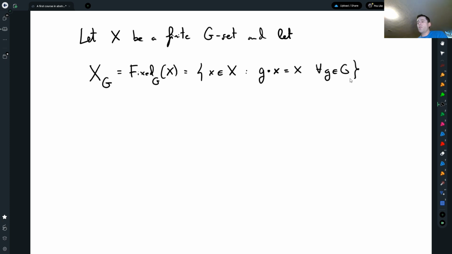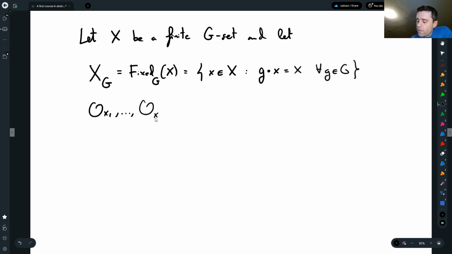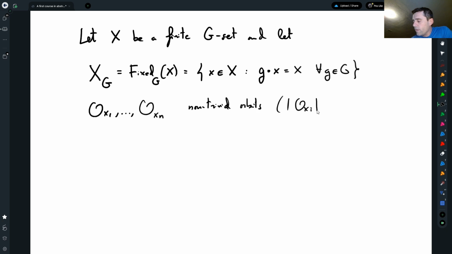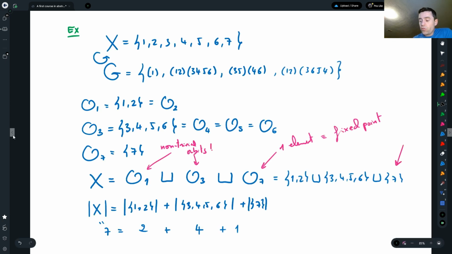We are going to write O_{x1} through O_{xn} for the non-trivial orbits. Each one of those orbits is of size at least 2, and x1 through xn are representatives of the orbits.